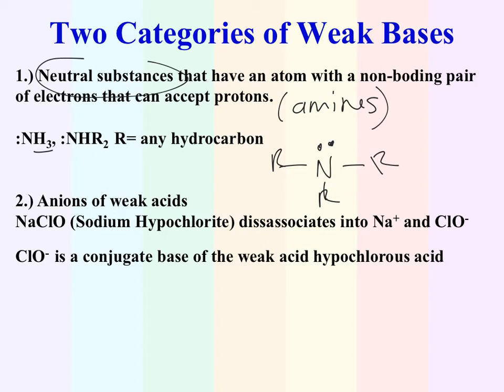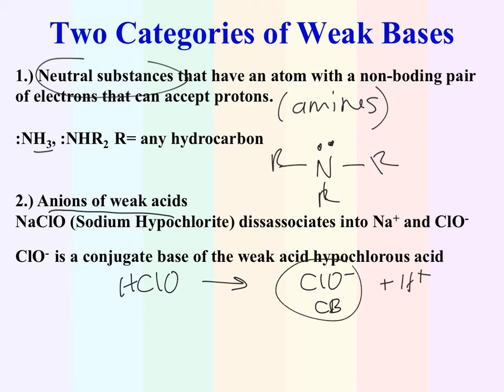The other option is the anions of weak acids. The anions of weak acids are going to be substances that can basically behave as bases in solution. So if we consider ClO minus, which is actually the conjugate base of the weak acid hypochlorous acid, when it dissociates, we end up with this conjugate base and a little bit of acid.